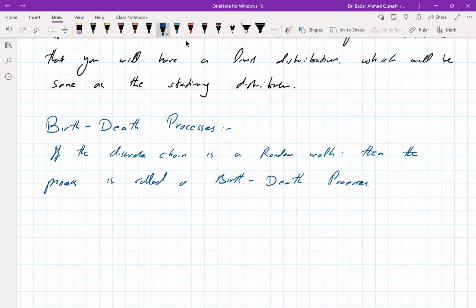So what do I mean that the discrete chain is a random walk? I can write the same thing in this way.